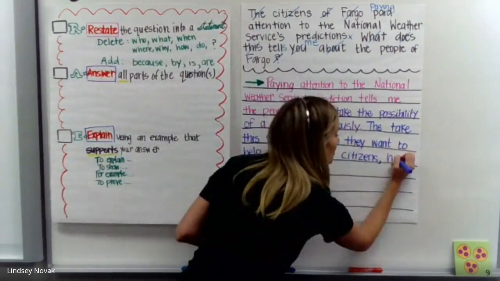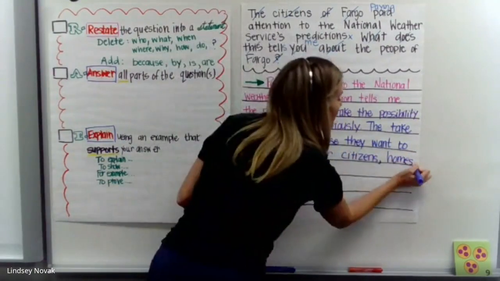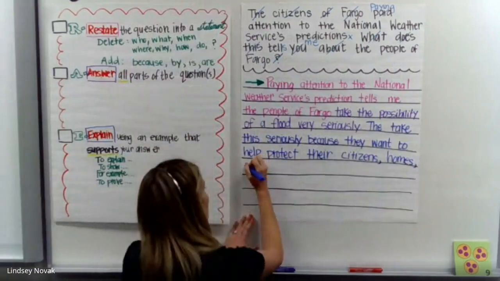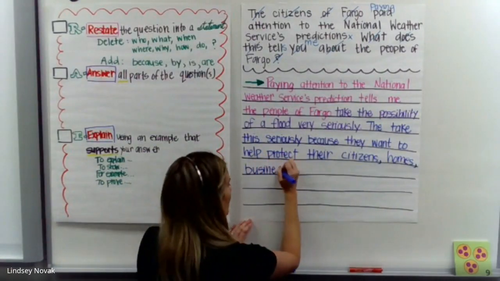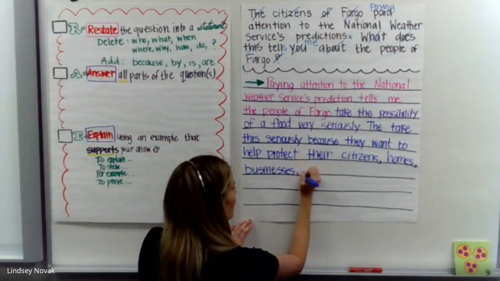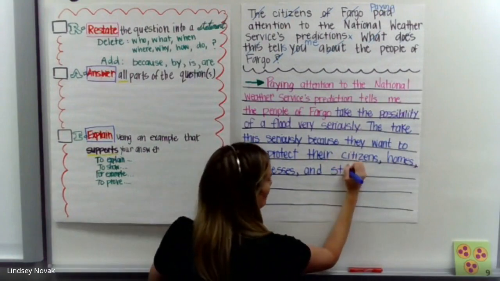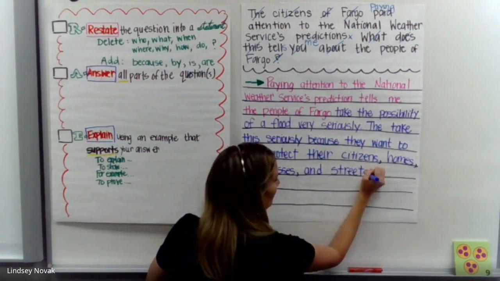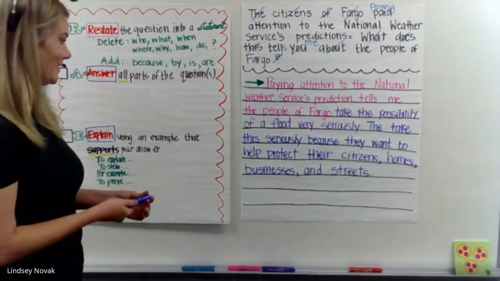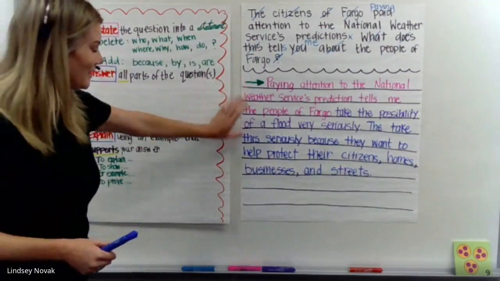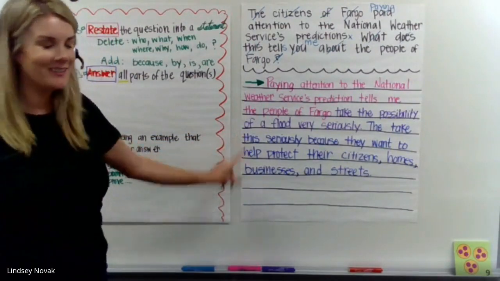Their homes, comma. Businesses, comma, and streets. Period. Wow. So now that additional part as a third grader is that explain.